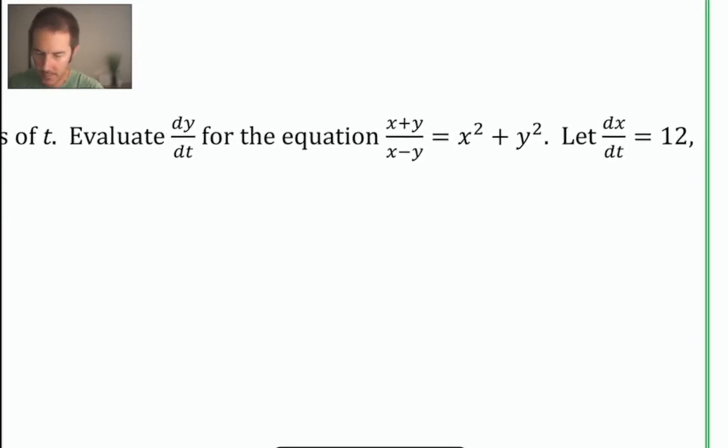Derivative on the left-hand side, quotient rule. So I've got the denominator, x minus y, times the derivative of the numerator, which is dx dt plus dy dt. I'll try to have good handwriting.